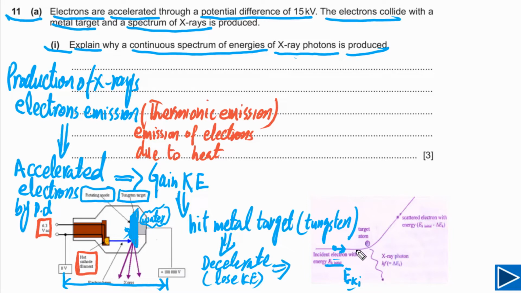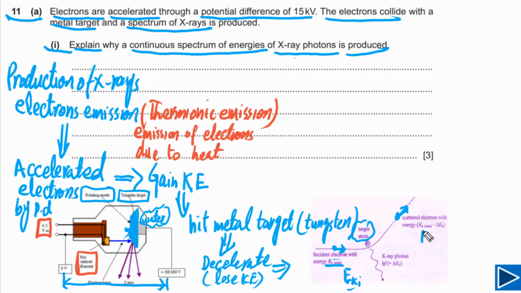When it approaches closer to the tungsten atom, this electron will decelerate because there is an attraction between the electron and the nucleus. When it decelerates, it will lose kinetic energy, and that energy becomes the energy of an X-ray photon. So after this, the energy of the electron has decreased.